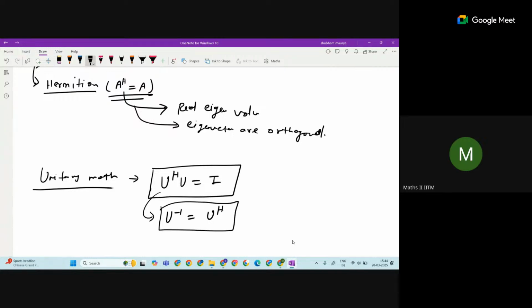You can connect these two as the same. And this unitary matrix has the property that if you check the columns, the columns are going to be orthonormal.